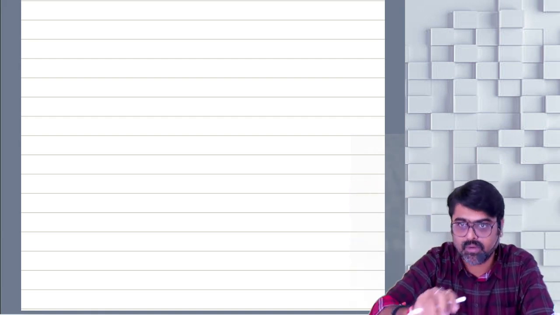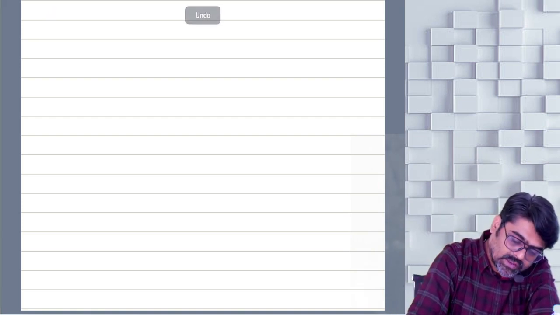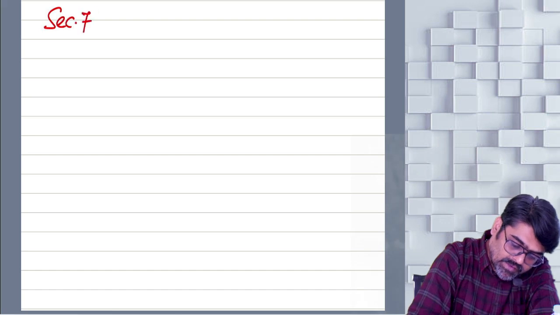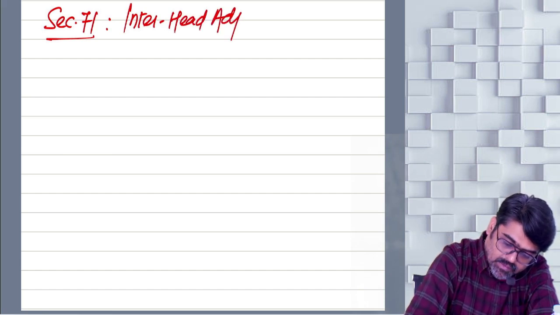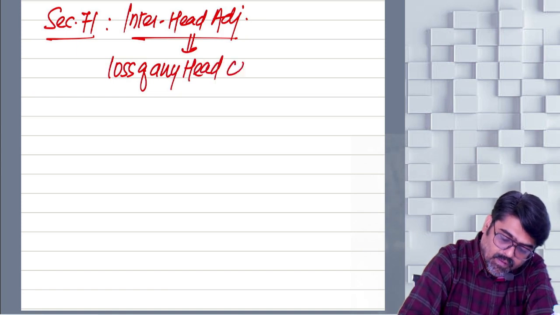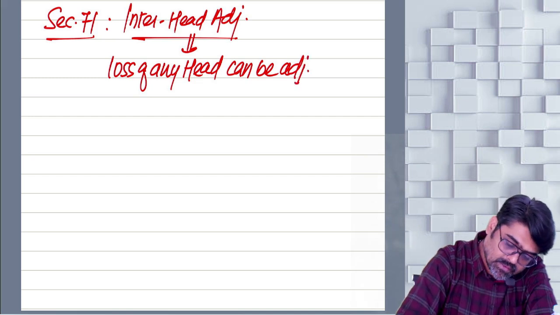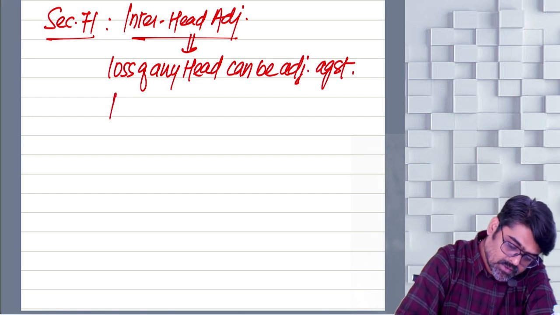Now, the second step will come into picture. What is the second step? Section number 71, which talks about inter-head adjustments. Now, what is the inter-head adjustment general rule? Loss of any head can be adjusted against profit.